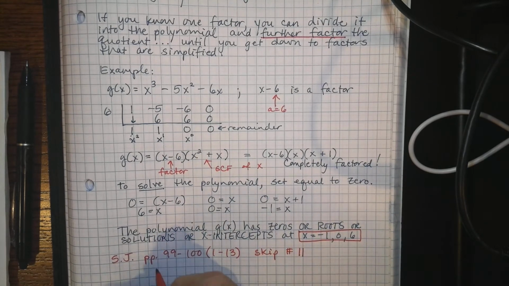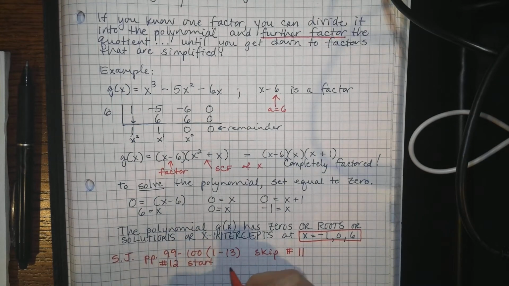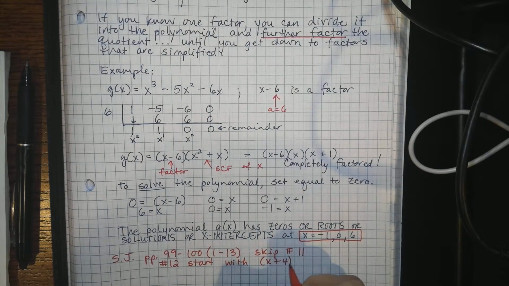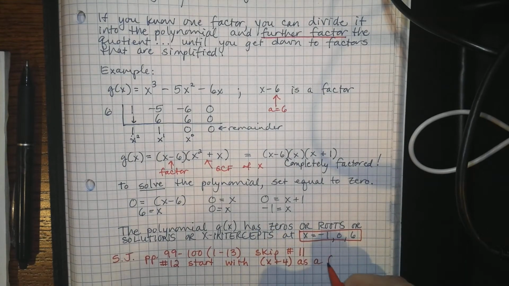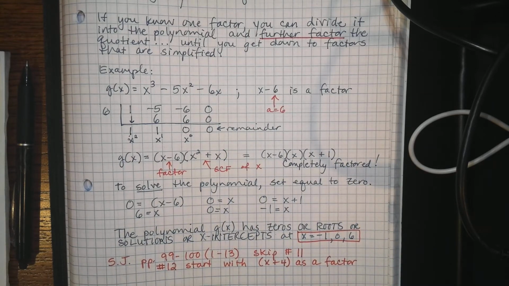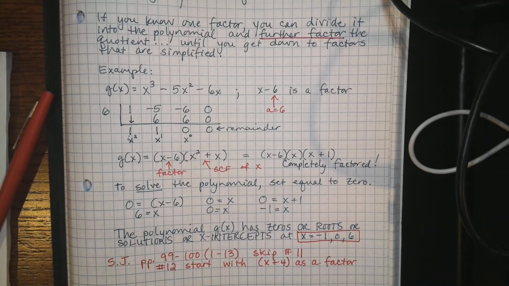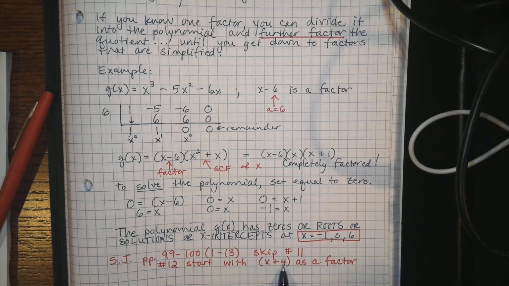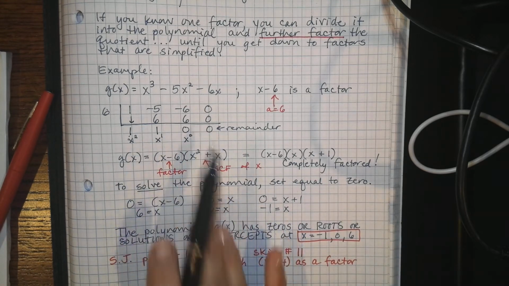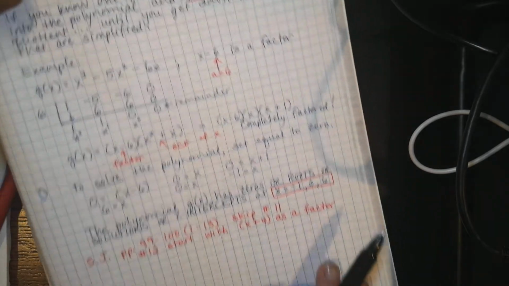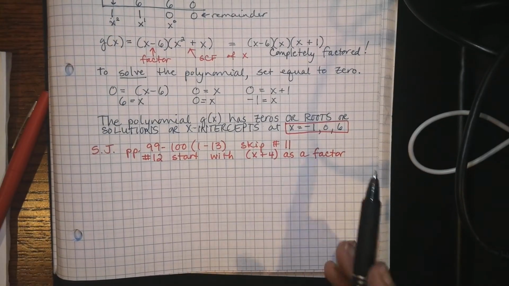And on number 12, I would like you to start with x plus 4 as a factor. Just as an example, if you look at number 12, you're going to divide this into the bigger polynomial just like we did before, and good luck. Let me know how you do that.